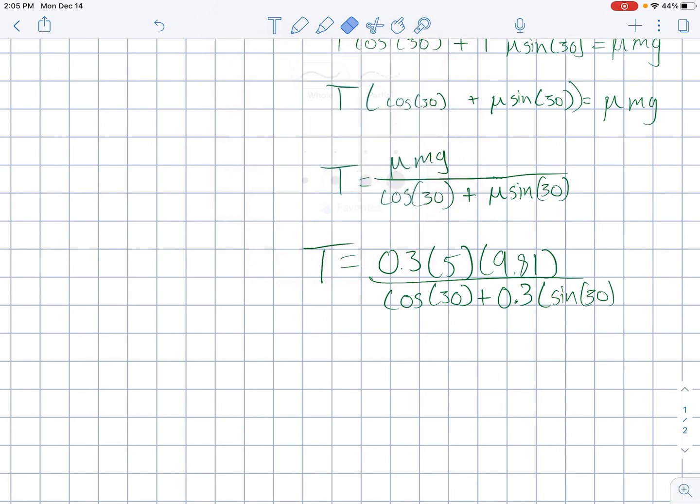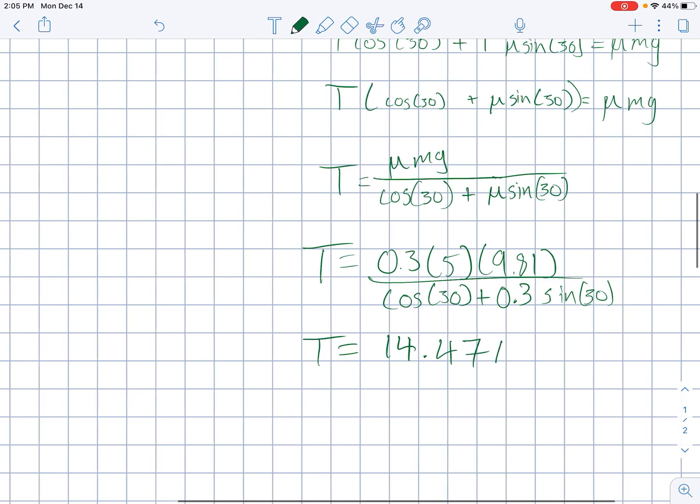All right, and then from here we just calculate it all. You end up with a tensional force of 14.47 newtons.